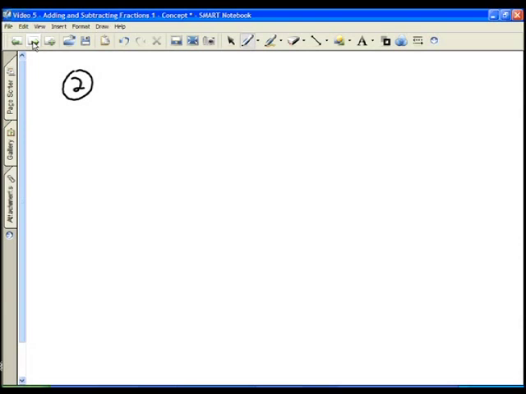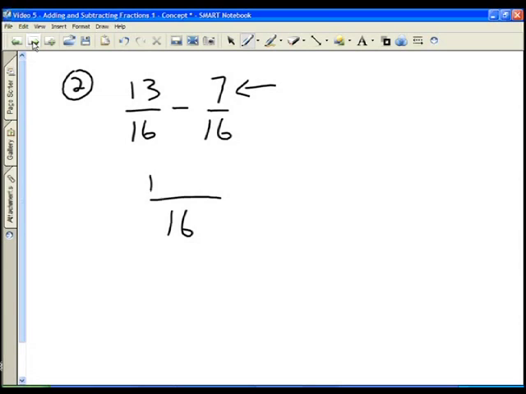Now we can subtract in exactly the same way. Let's take a look at 13/16 minus 7/16. Again, we can see that the denominators are common, so we can go ahead and rewrite the common denominator and then perform the operation by combining the numerators. 13 minus 7, all divided by 16.